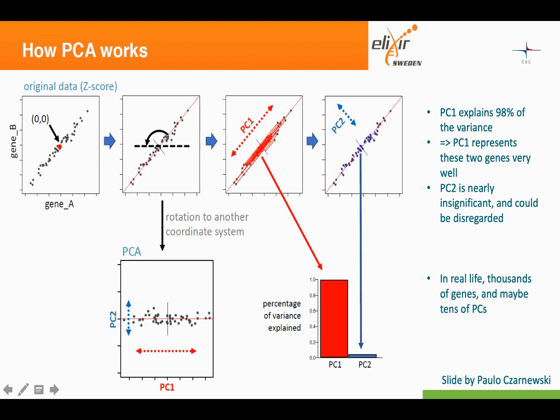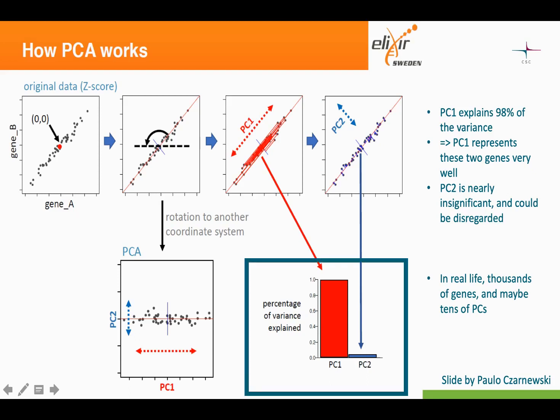The second principal component, shown here as the blue line, and here with these measurement lines, is principal component number 2. So we go from the 2-dimensional representation of 2 genes' expression into principal components 1 and 2 by rotating the coordinates to another system, as seen here.